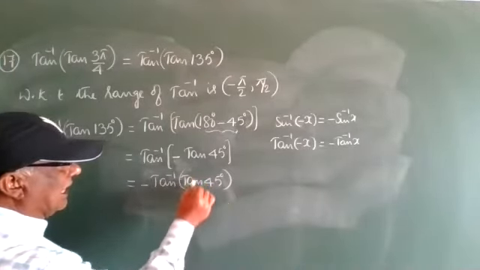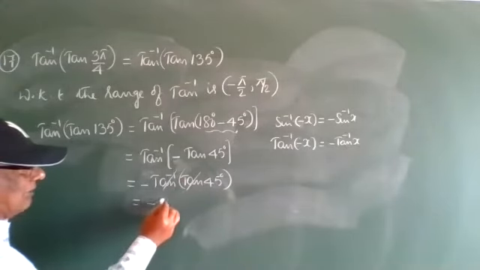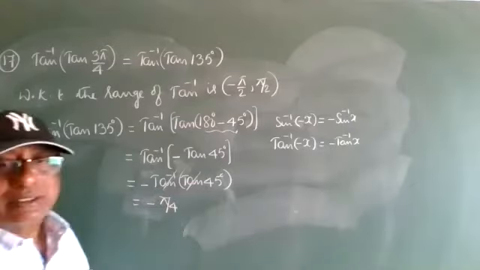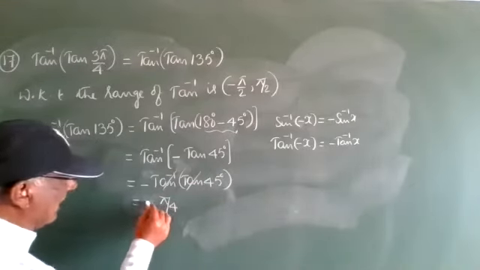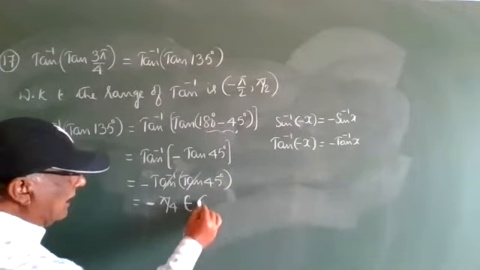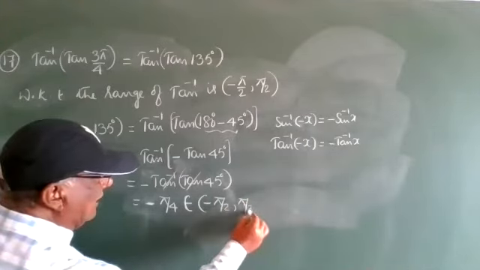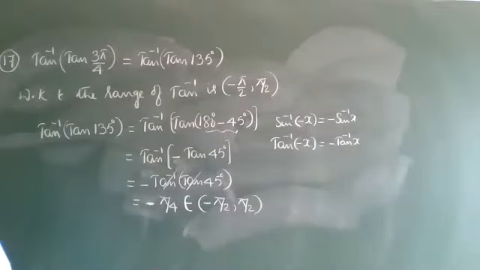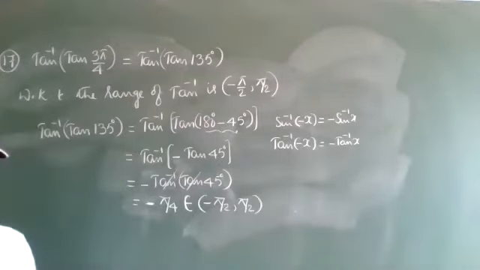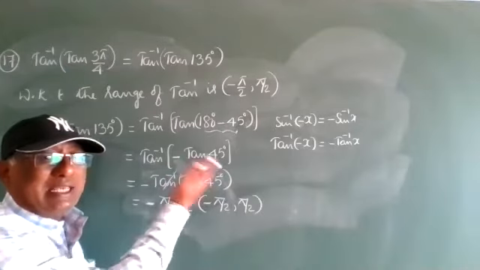Therefore tan and tan inverse both cancel, so the answer is minus 45 degrees. Minus 45 degrees belongs to the range of minus 90 to plus 90. Therefore no value is repeated, it is bijective, and the inverse is defined.